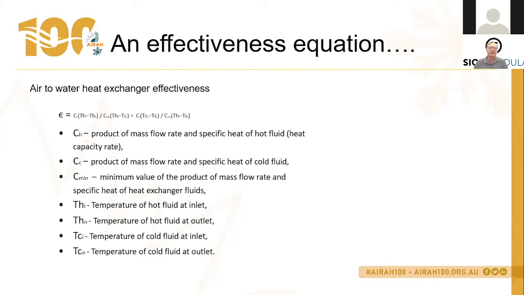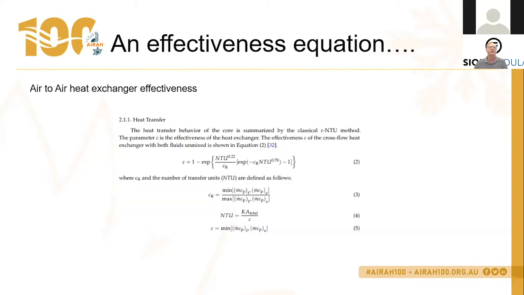You can find these equations on the web, and they determine the actual effectiveness of the heat exchanger. And be careful, typically product suppliers will quote a heat exchanger efficiency as opposed to a heat exchanger effectiveness. So we'll go into that in a little bit of detail as well.